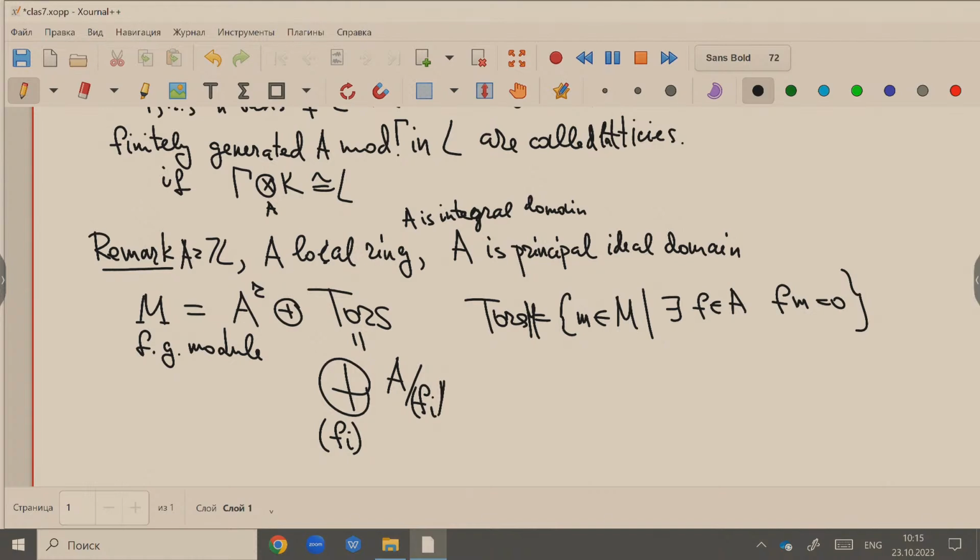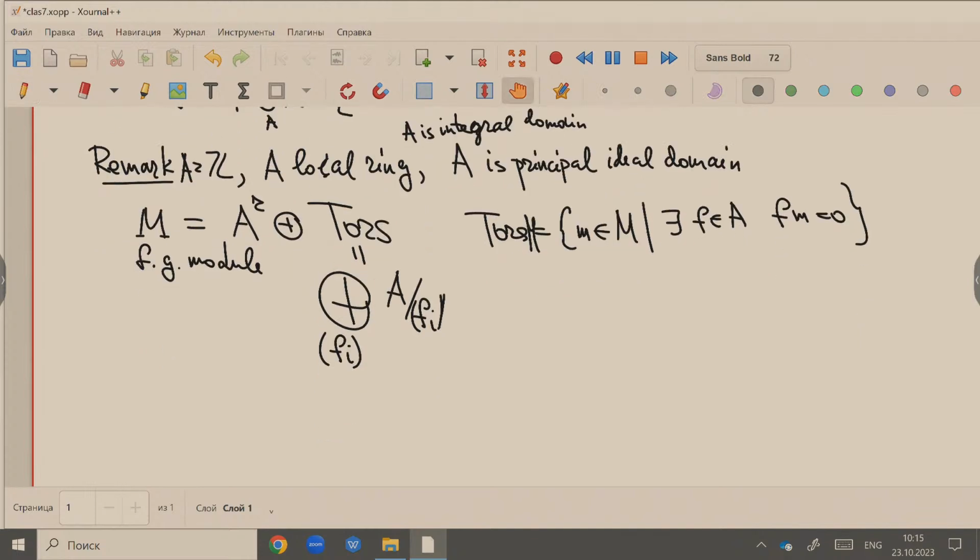What we have to see is that if you have a submodule M in the fraction field, then M is just A to the power r. So if M is a subset of L, this implies that M is just A to the power r, and then you can recover what r is.